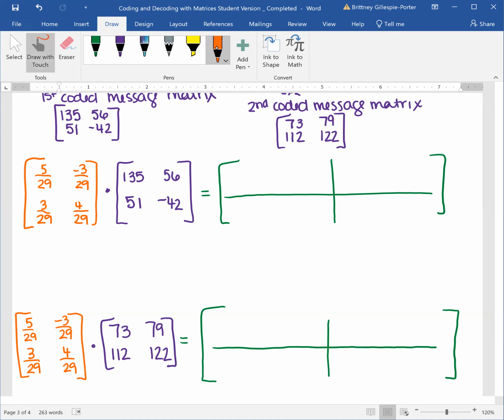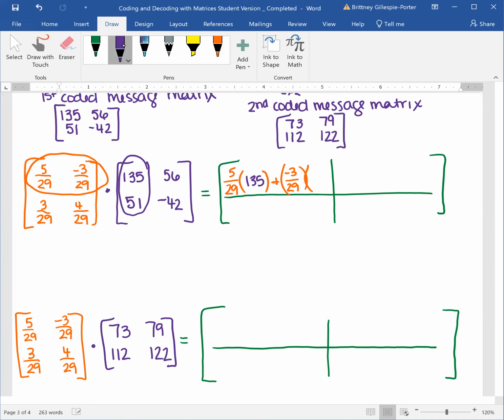All right, here we go. First row times first column. So we're going to have 5 over 29 times 135 plus, because it's always plus, negative 3 over 29 times 51. Second column times our first row, but first row times second column.